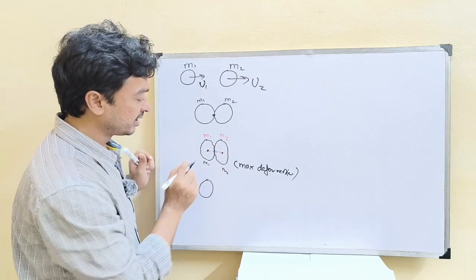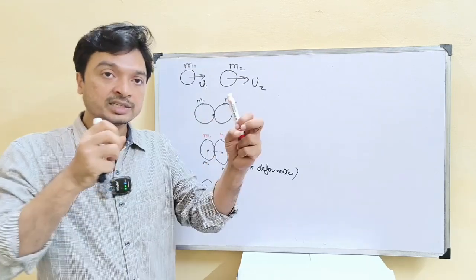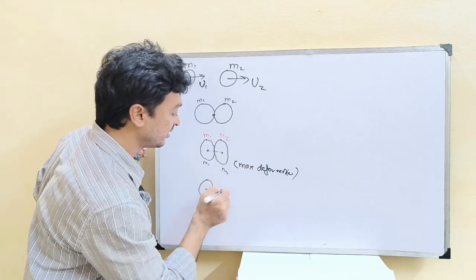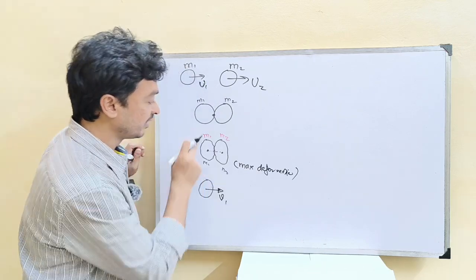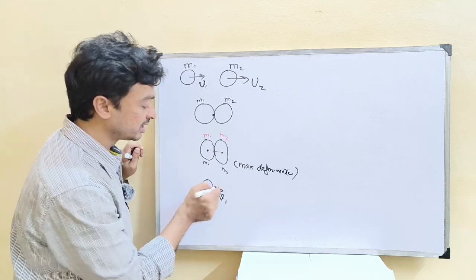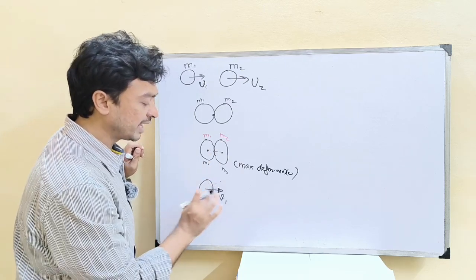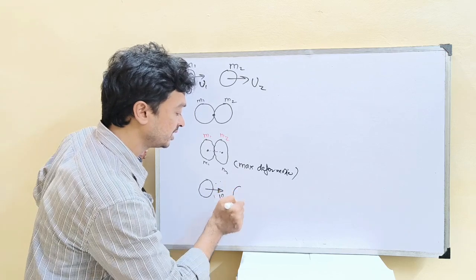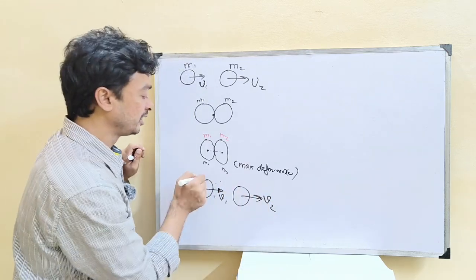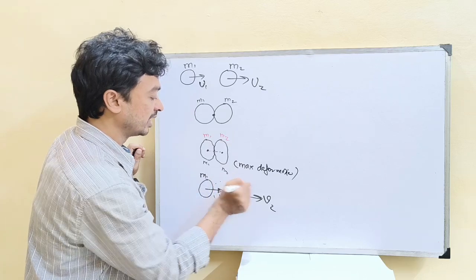Suppose here I am considering this object gets separated with change in velocity, its velocity after collision is v1. Just after collision we are considering. Both the objects are like this, but I am showing them separately here just for clarity. So this is v1 and v2, mass m1 m2.